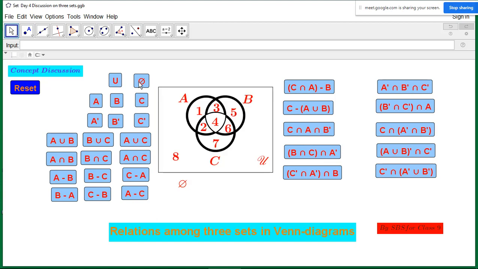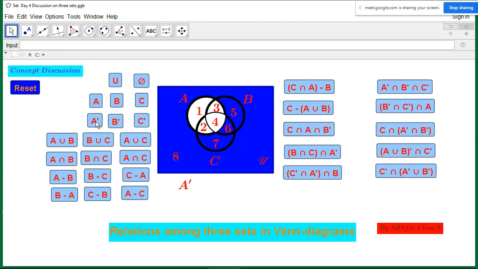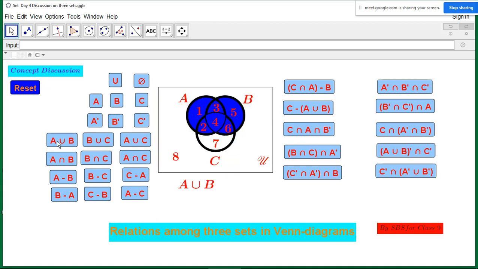What are the elements of set A? You can study 1, 2, 3, 4. This is set B. This is set C. A complement, other than A, dear students. B complement, other than B. C complement, other than C. A union B, you can see. B union C. A union C. A intersection B. What are the elements in A intersection B?